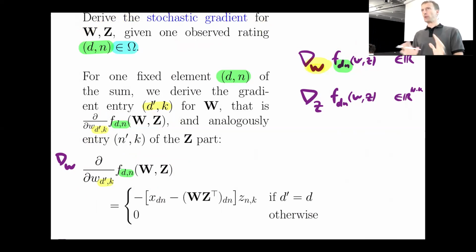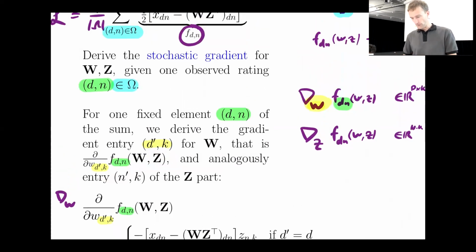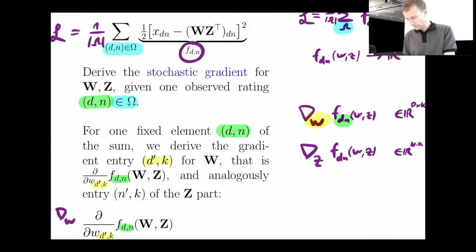So be careful: the green D is fixed and the yellow D prime is kind of variable. We're asking about all possible ones. Okay, now what is it? The result is already here, which is a bit giving it away. But what we have to do now is to see.